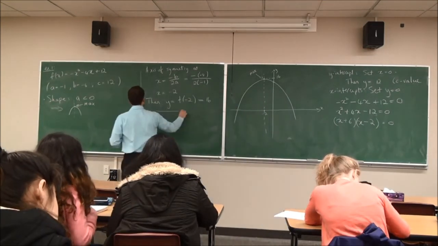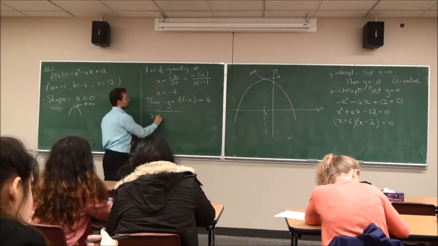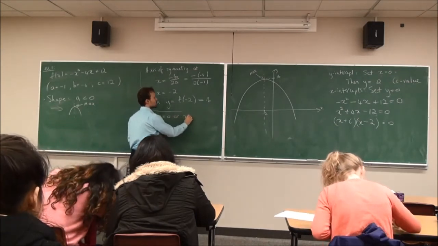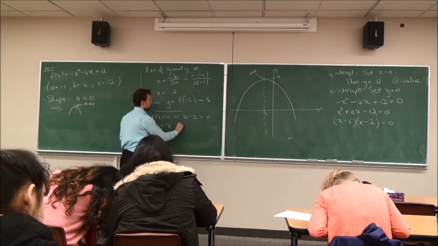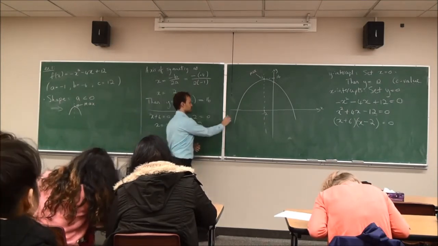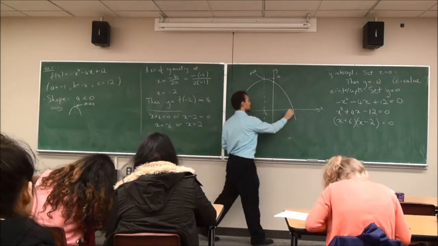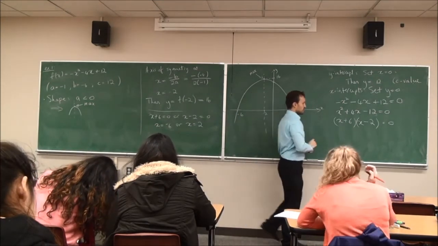So x plus 6 is equal to 0, or x minus 2 is equal to 0. So x is equal to negative 6, or x is equal to 2. So these are negative 6 and 2.